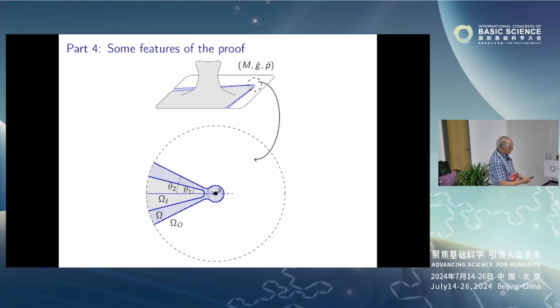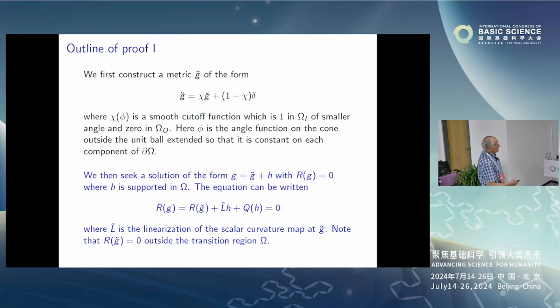So remember, there's the part outside the cone, where we want the metric to be Euclidean, the part inside where we want the metric to be unchanged, and then there's the transition region, omega. That transition region is really the key. We're going to write the scalar curvature of G as that of G tilde, plus a linearization, plus a quadratic error term.